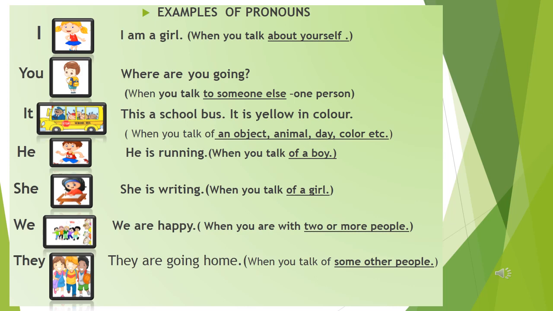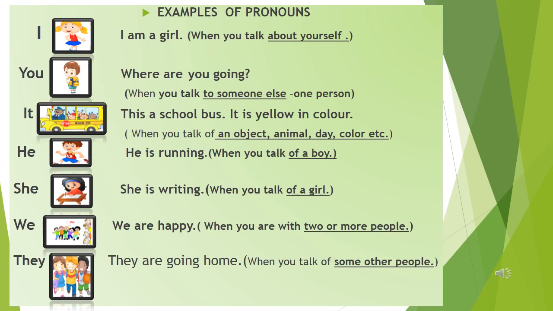Next picture you see is of a boy. The boy is running. So instead of saying the boy is running, or Rahul is running, or Rohit is running, you can just use the pronoun he. He is running, because we use he for the boys.